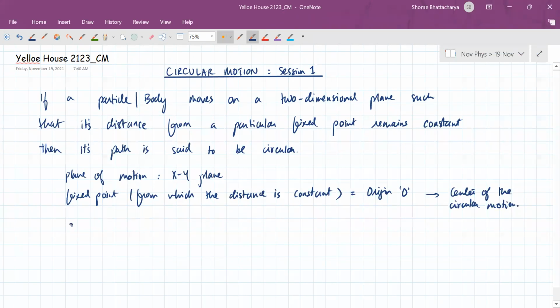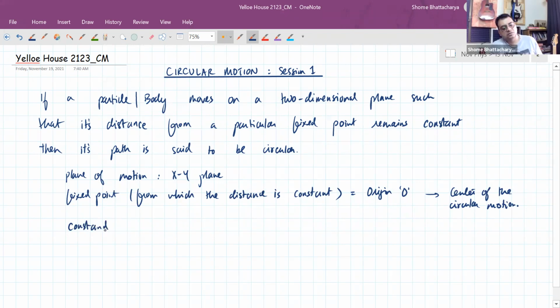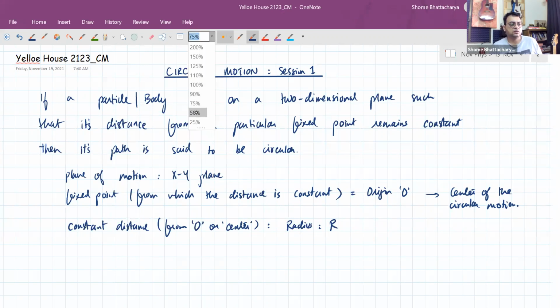And the constant distance from the origin, which is the center, becomes what we call the radius of the circular motion, and we can denote it with the symbol r.